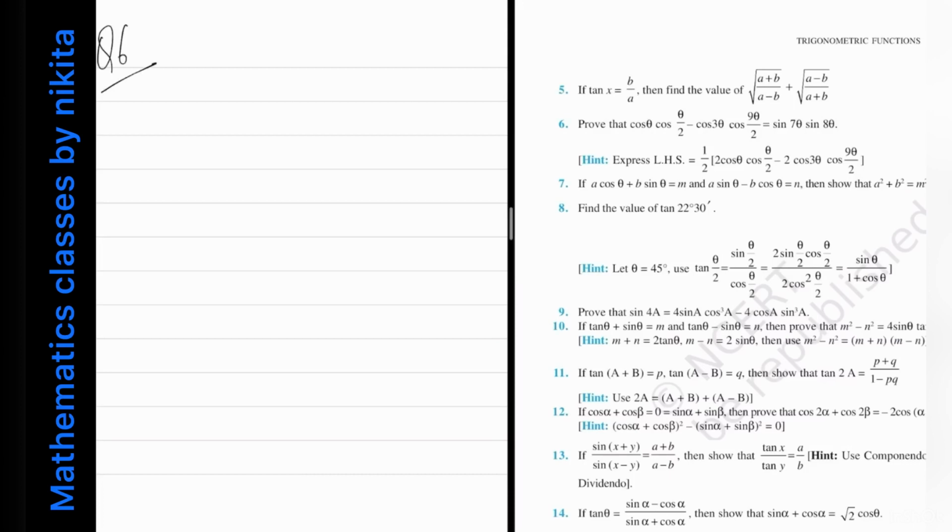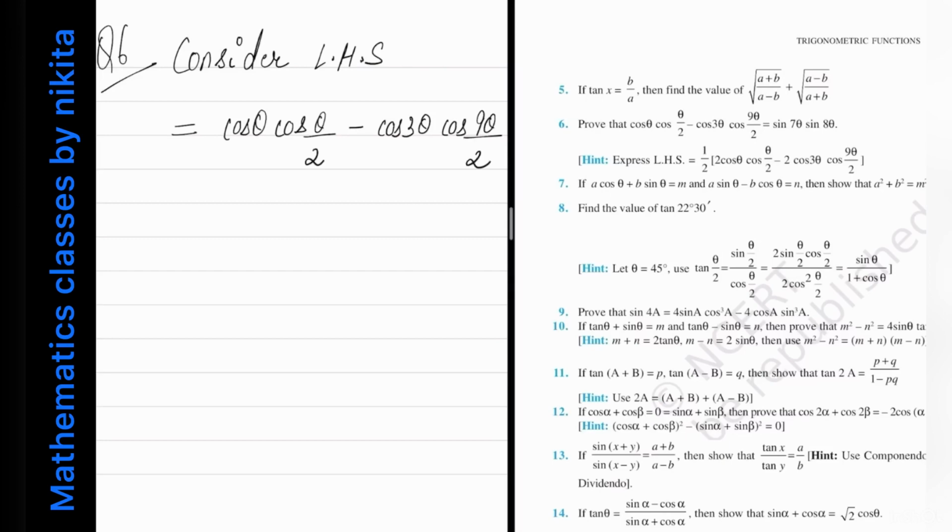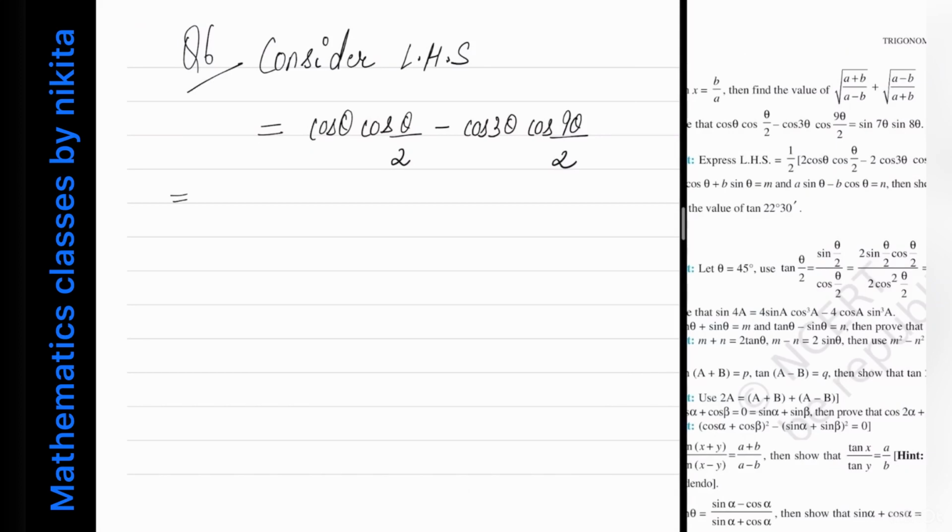So let's consider the left hand side. So consider LHS, which is equal to cos theta into cos of theta by 2 minus cos of 3 theta into cos of 9 theta by 2. Okay, so what I will do, I will multiply, I will divide by 2.